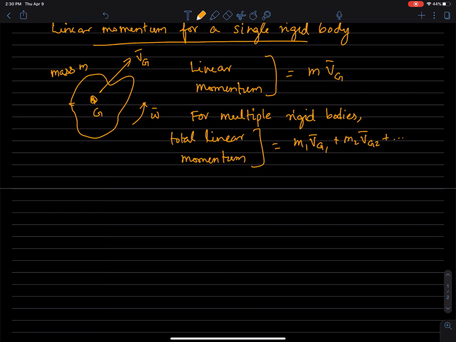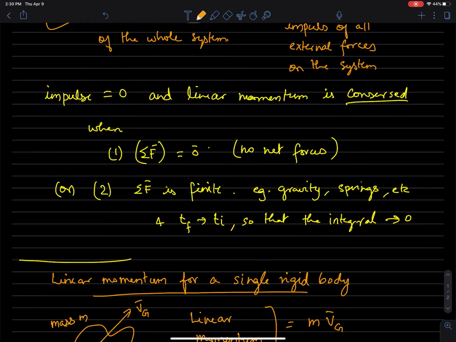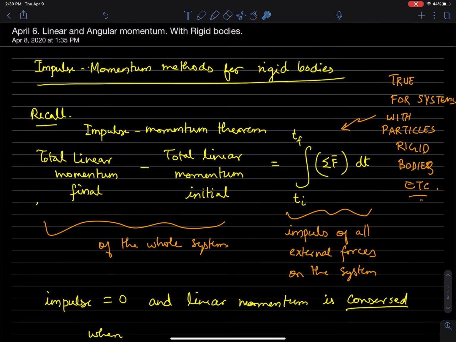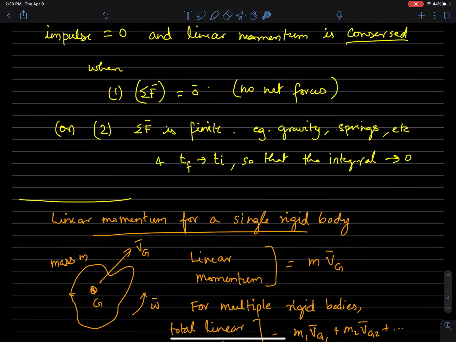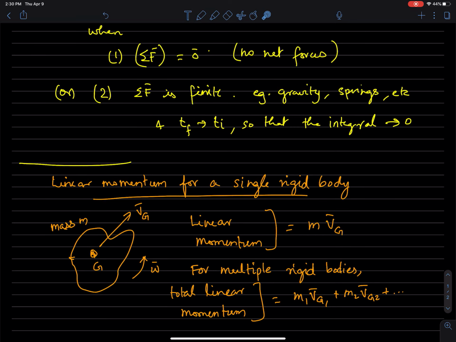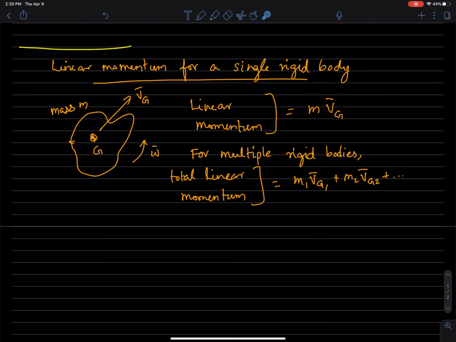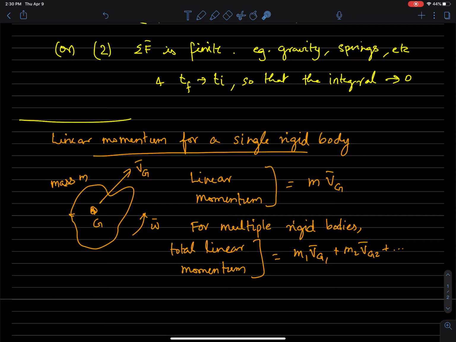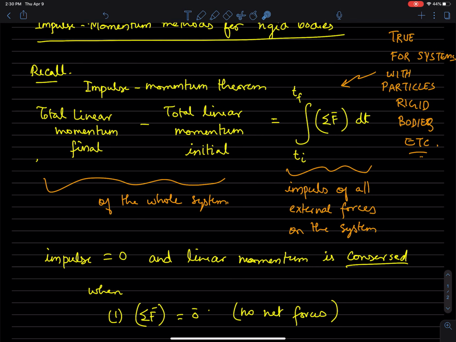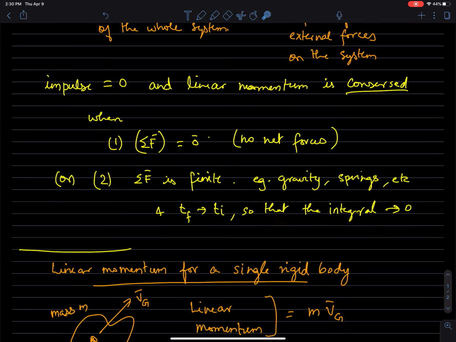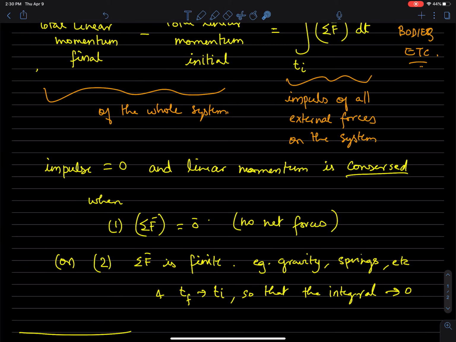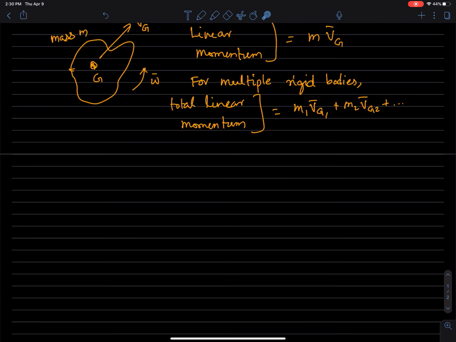Okay, so that's the relationship. We know how to compute the linear momentum of a single rigid body, so we can apply those in various situations, for instance, problems involving collisions. You can still use linear momentum conservation if one of these conditions is satisfied.